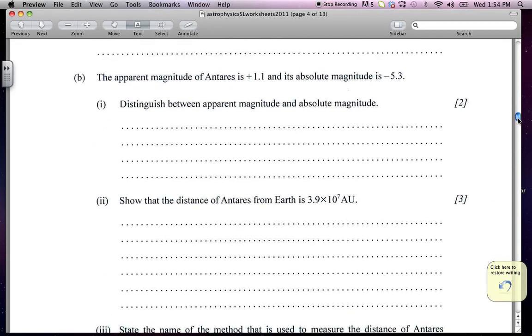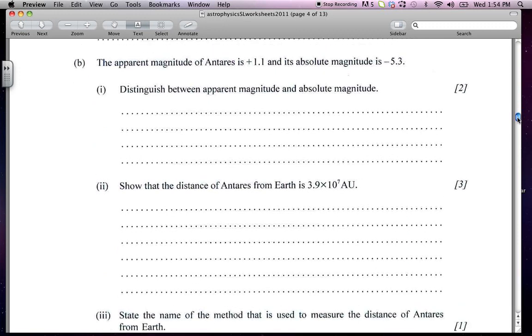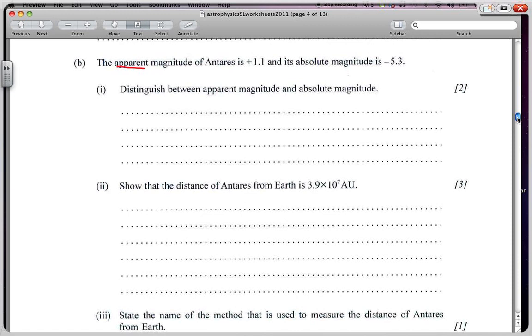Now going to this question over here, we have the apparent magnitude. Make sure that you understand you're working with magnitude. Apparent magnitude, not apparent brightness, is 1.1, and the absolute magnitude is minus 5.3. So this absolute magnitude, if the star is 10 parsecs away from the Earth, it would appear much brighter.